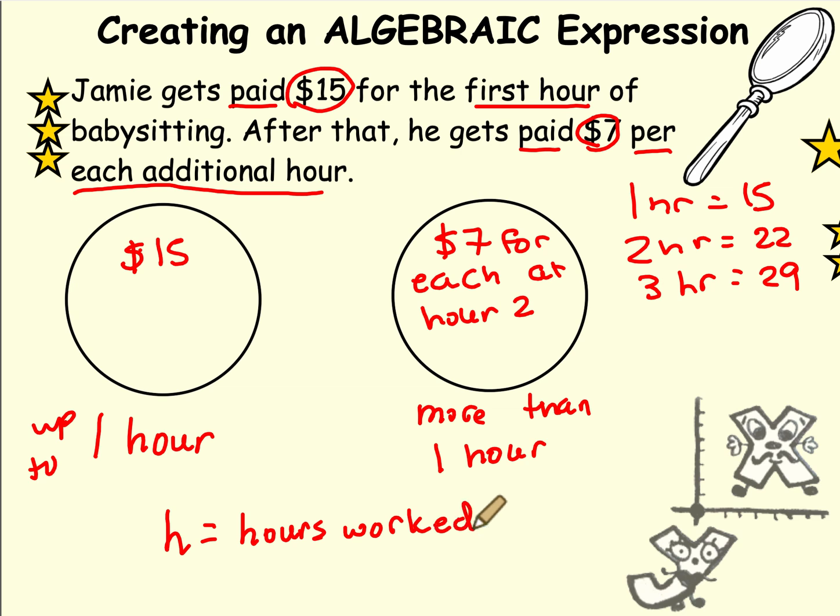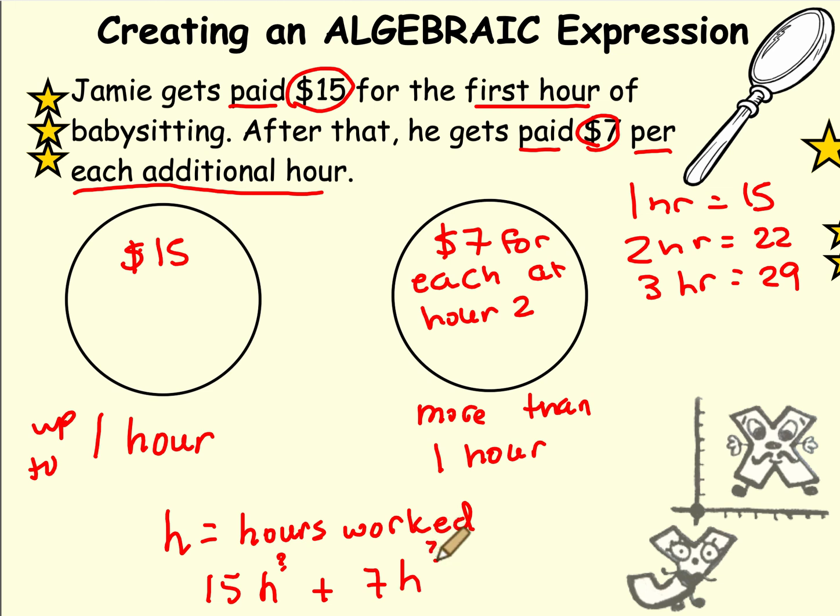So we know that to get the 15, he had to work 1 hour, right? But do we put a variable in for that? That's the question. Plus, we know that he's going to get $7 for the number of hours worked. And is it the same variable?